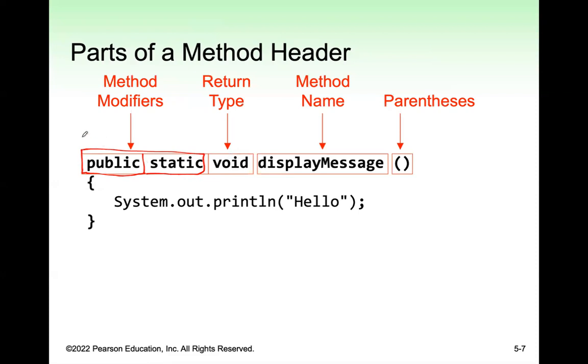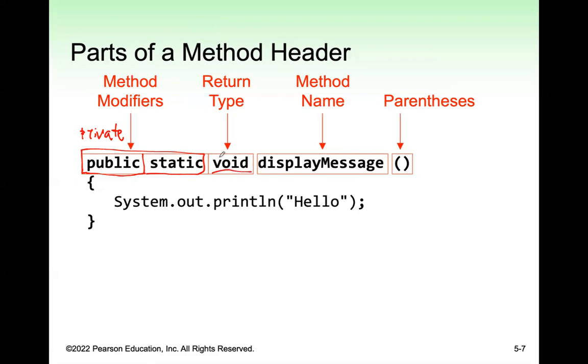Now, you can also put private. If you put private instead of public, that will just mean that only certain parts of your code will have access to this method. And we will focus on method modifiers later on in this class. For now, you just need to know the difference. If you see public, available to everybody. If you see private, not available to everybody.